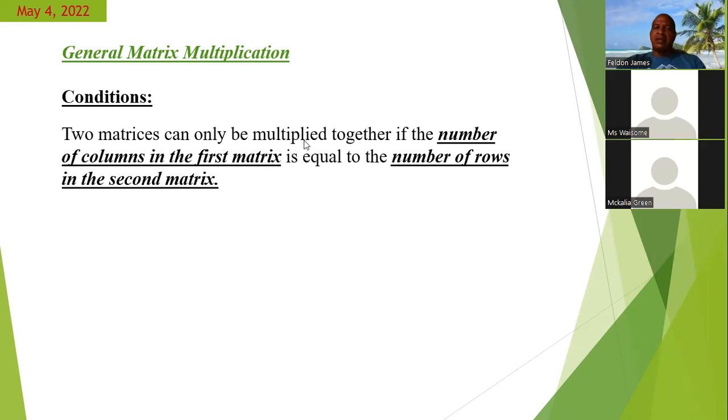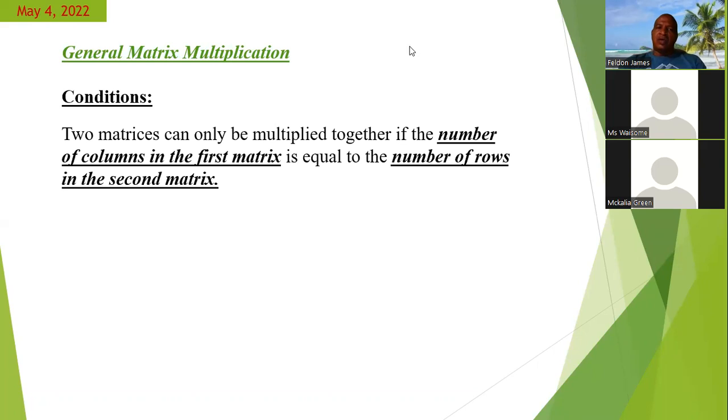So when can you multiply two matrices? You can multiply two matrices if the number of columns in the first matrix is equal to the number of rows in the second matrix.